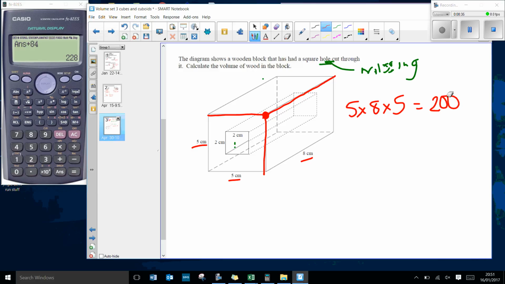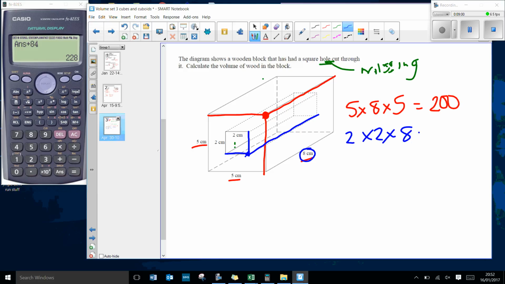Okay, now looking at the hole. So this vertex here, we know this height here is 2. This would be 2. Now the other measurement, we can see that the other thing that attaches to that is this big long one, and we know that that is 8.